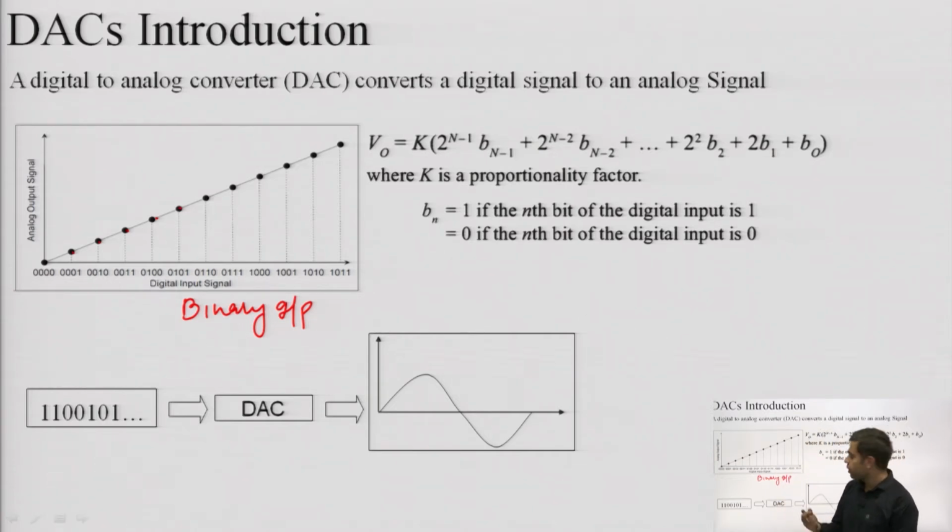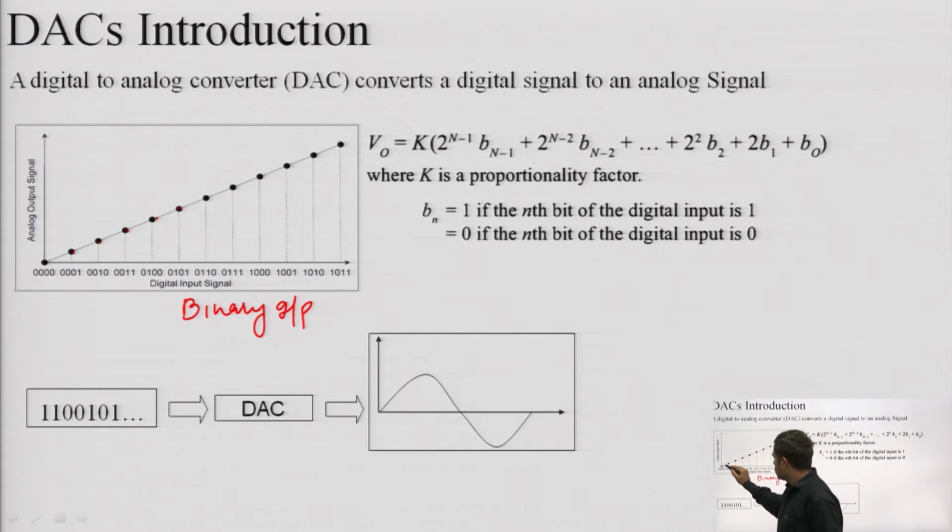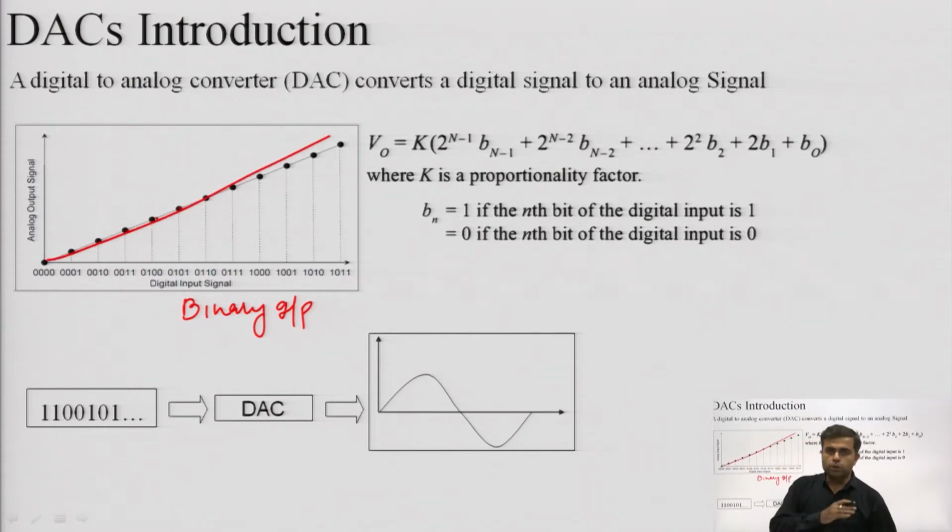A binary input is getting converted into a decimal value, and all those decimal points then can be joined to give it a continuous representation, which is termed as the analog input.